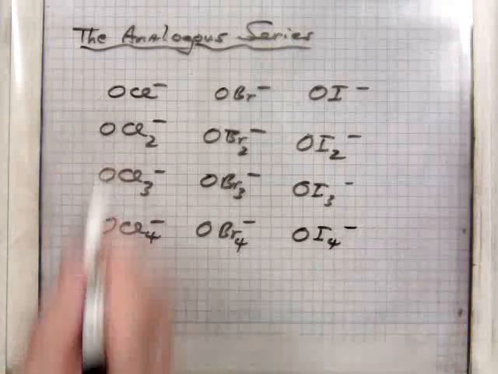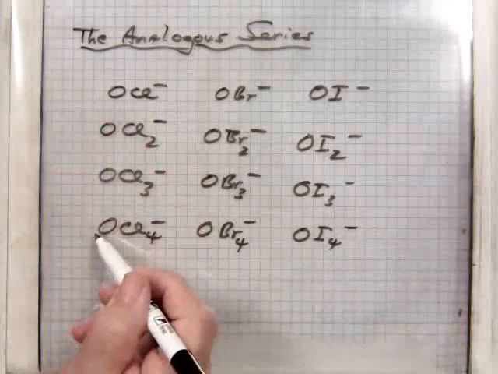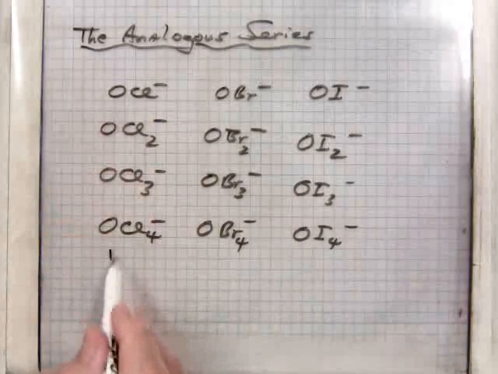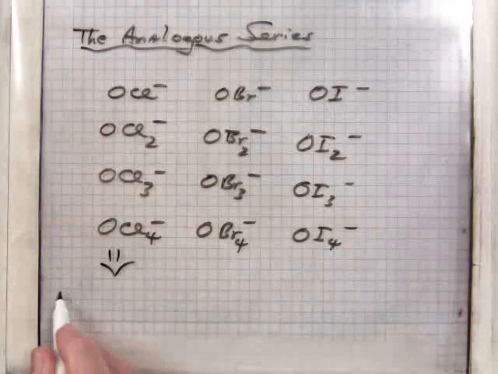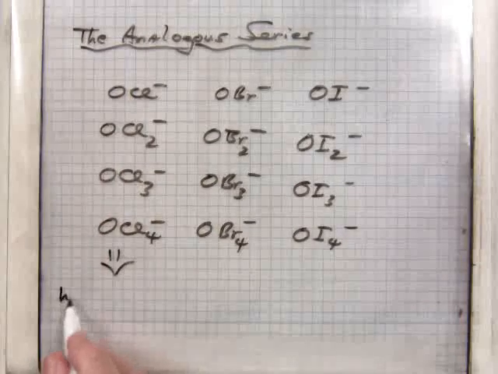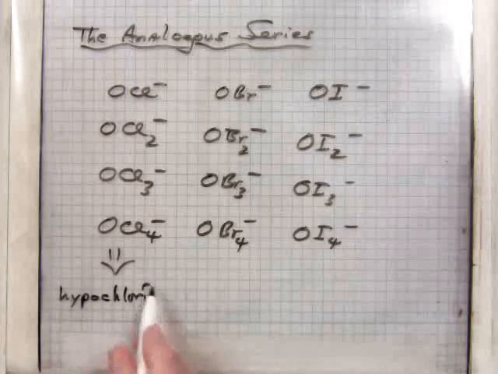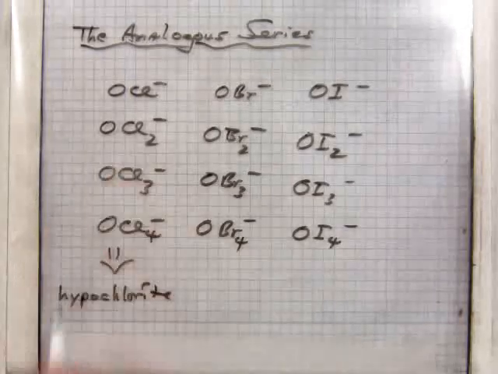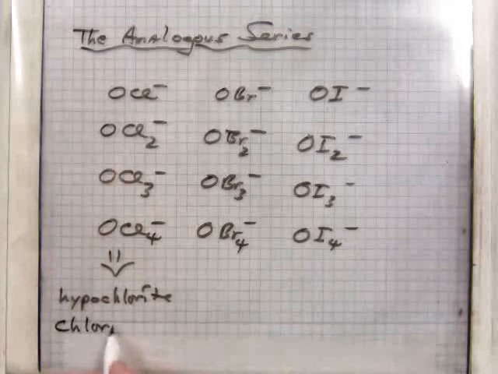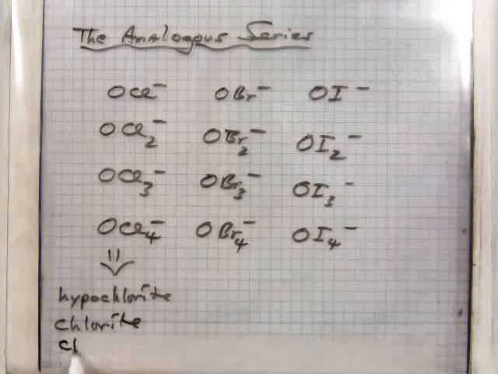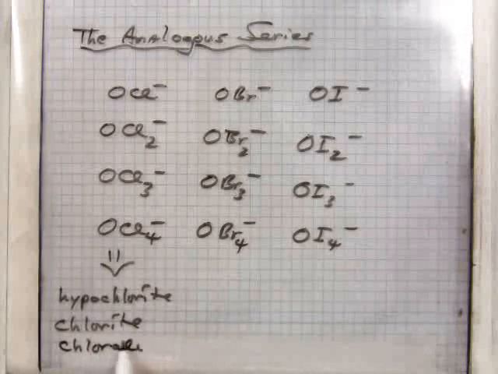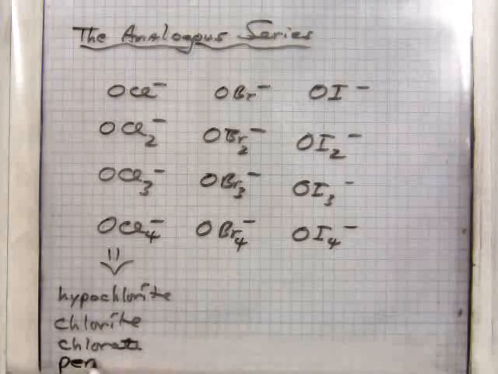So in naming the first set over here, I'll come down here, and this is starting at the first one is hypochlorite, and then you go to chlorite, and then chlorate, and then perchlorate.